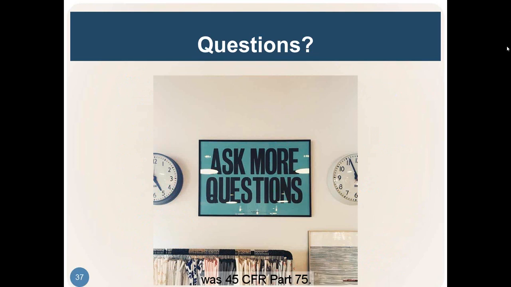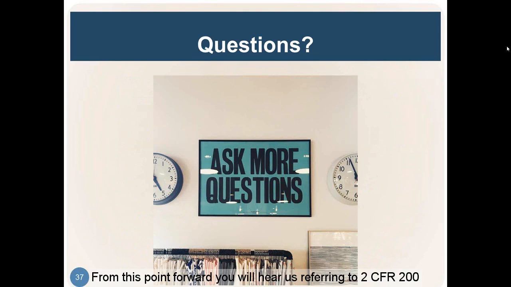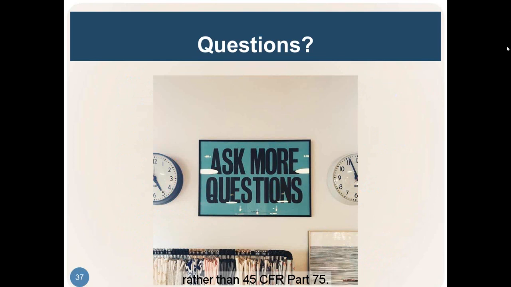But what we cite to now, what's been codified in the federal regulations by OMB is 2 CFR 200 and the various subsections. So from this point forward, you'll hear us referring to 2 CFR 200 rather than the 45 CFR Part 75. So hope that clarifies. I think what they asked is if those are applicable for LIHEAP.